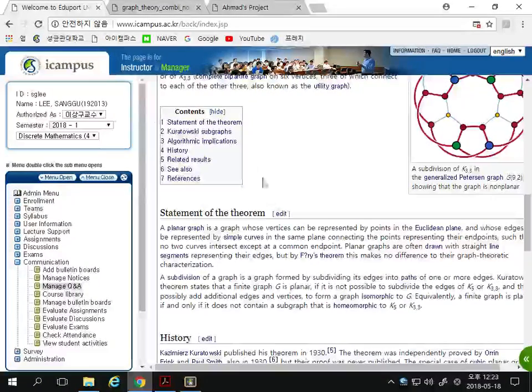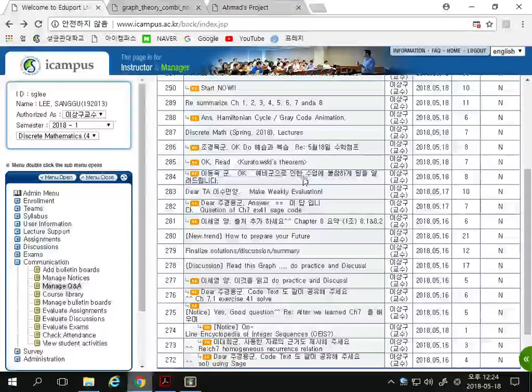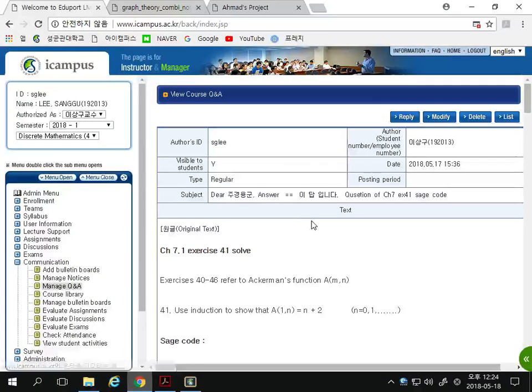After you read it, ask one more, then I will add more explanation on Kuratowski's theorem. And my TA will make the evaluation of your quiz score each week based on your solutions and answers or questions.